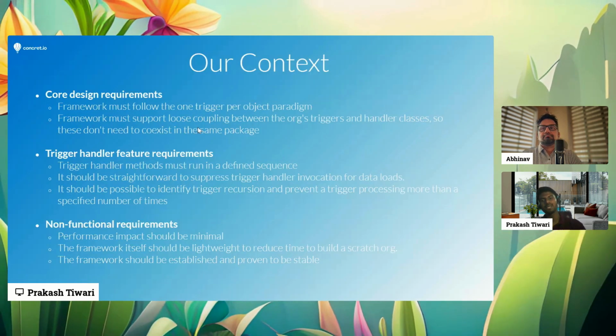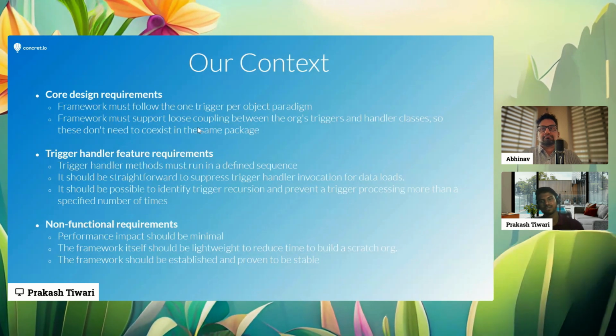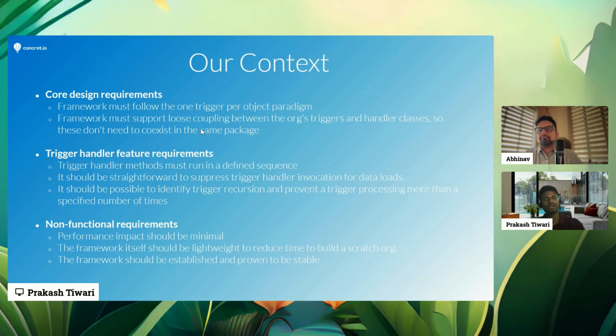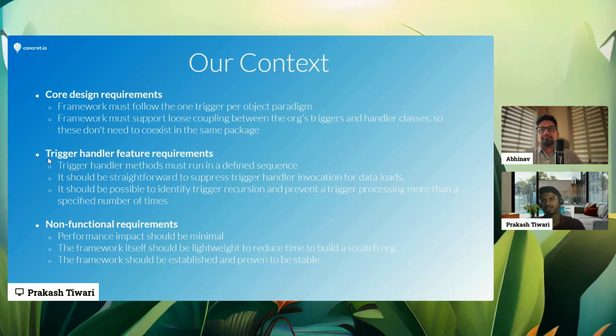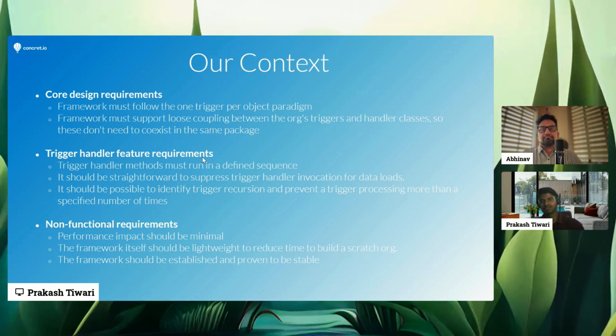The framework can be in a different folder and our handler classes in another, so there will not be any dependency and we can deploy the code very easily. And now the trigger handler features requirement.